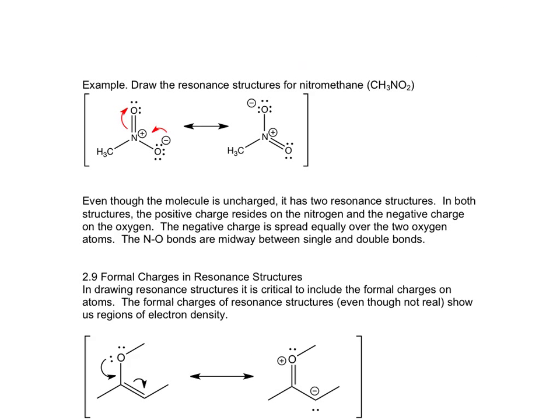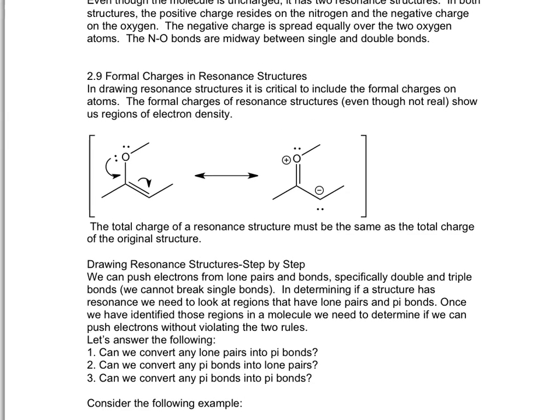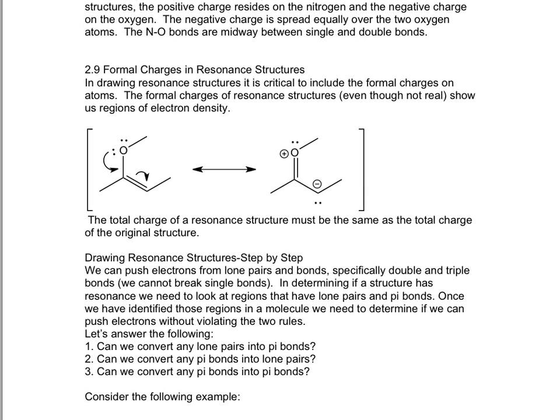If we were to draw resonance structures for nitromethane, again we can see that this negative charge gets dispersed between the 2 oxygens. The positive charge stays on the nitrogen. It's critical in drawing resonance that we indicate these formal charges. Okay? This is where it comes from when we have something that's neutral.